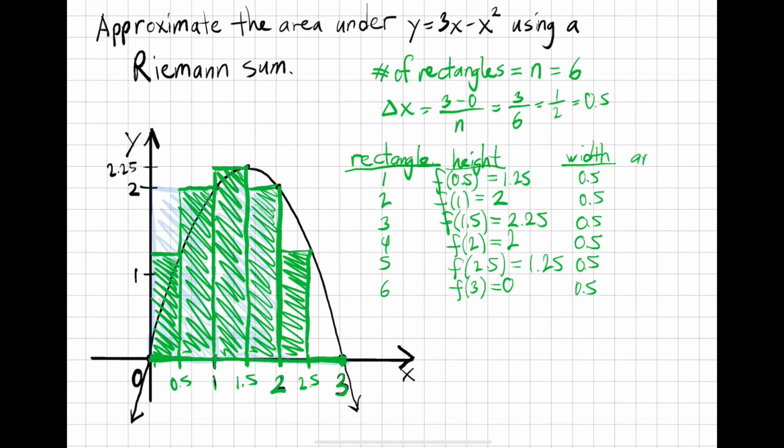What's the area of each rectangle? We just need to multiply the height times the width. So 1.25 times 0.5 is 0.625, running out of room here.